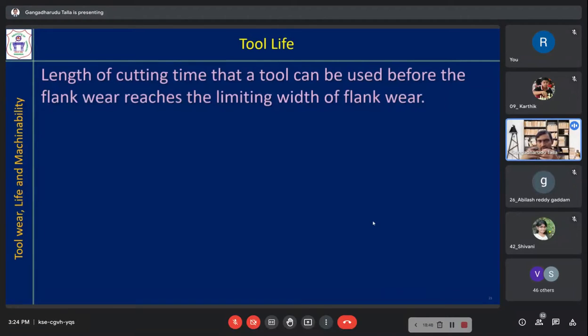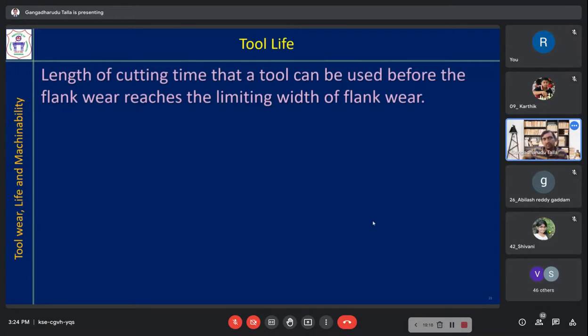So why are we talking about only flank wear? Why not crater wear, or notch wear, etc.? Because flank wear takes place quickly compared to crater wear. Generally, if the tool is failing due to wear, it is mainly due to flank wear only. That's why the definition is given like that. Crater wear takes place very gradually.